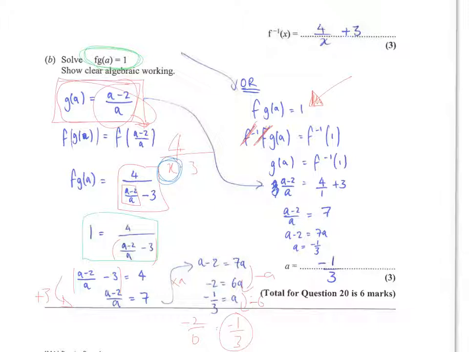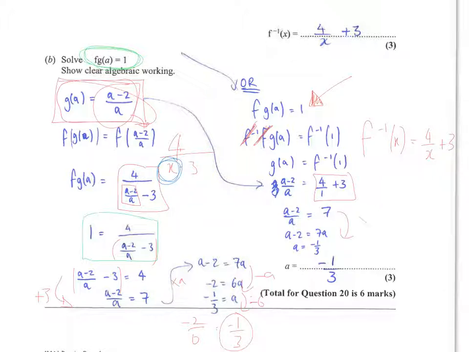So the inverse of the function f of 1, well, I'm substituting 1 into the inverse of f of x, which is 4 over x plus 3. So substituting 1 into that, 4 over 1 plus 3, 4 divided by 1 is 4, plus the 3 is 7, so I'm left with solving a minus 2 over a equals 7.